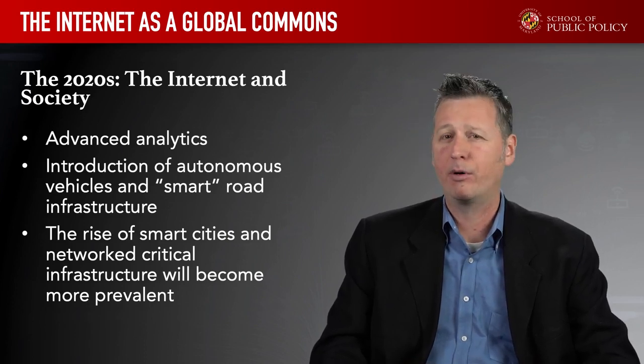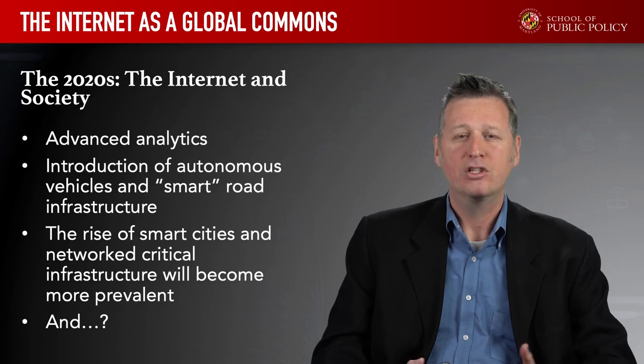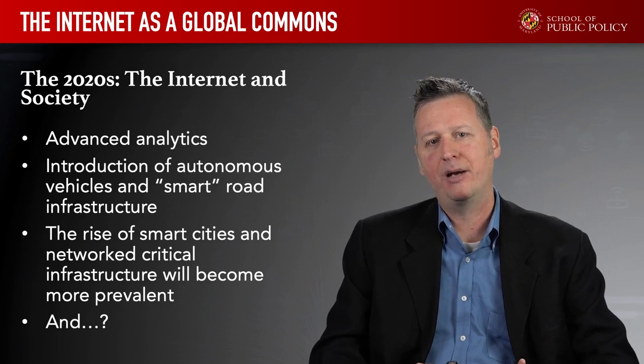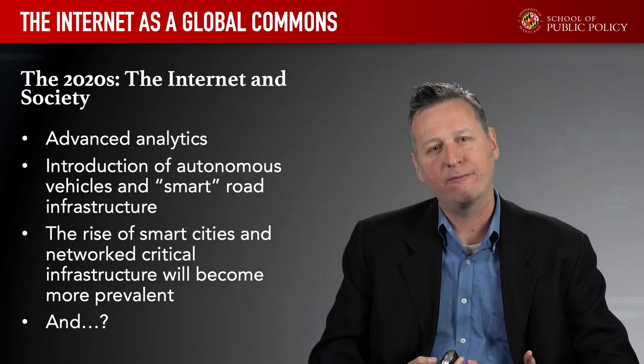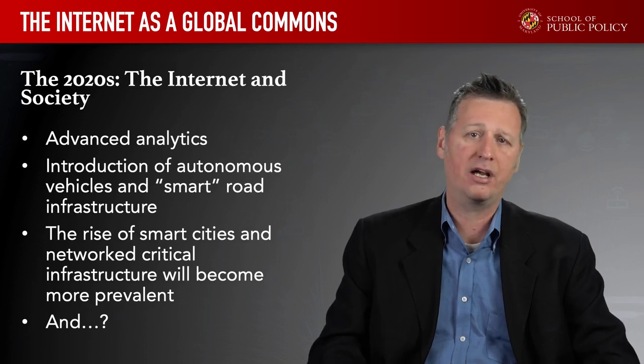It's becoming much more prevalent. And who knows what this decade is going to give us in addition. So all this together is painting the picture of the internet becoming not simply a tool, not simply a utility, but actually part of modern society. It's part of the fabric of our institutions and our society writ large.